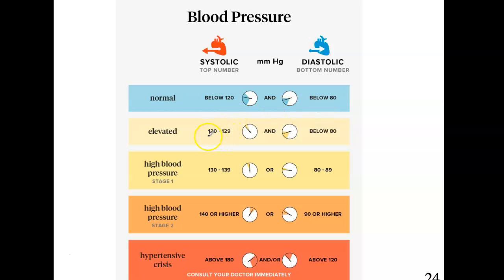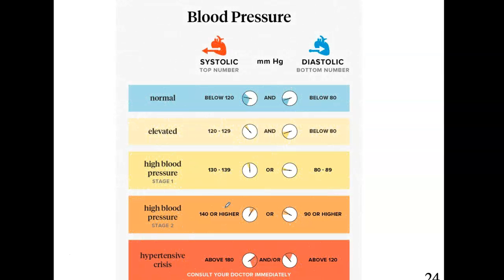Elevated is anywhere from 120 to 129, and still below 80. High blood pressure is in the 130s. Stage 2 high blood pressure would be 140, and then hypertensive crisis is above 180.